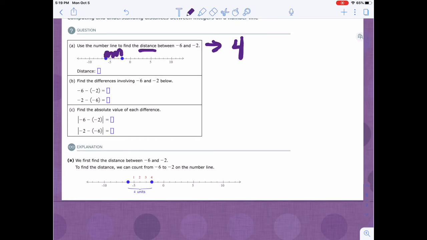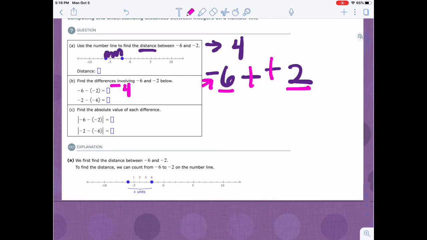The distance between those is 4. And then I could look at these differences. Negative 6 minus a negative 2. I want to add the opposite. Now I just have negative 6 and 2. They're different. 6 minus 2 is 4.